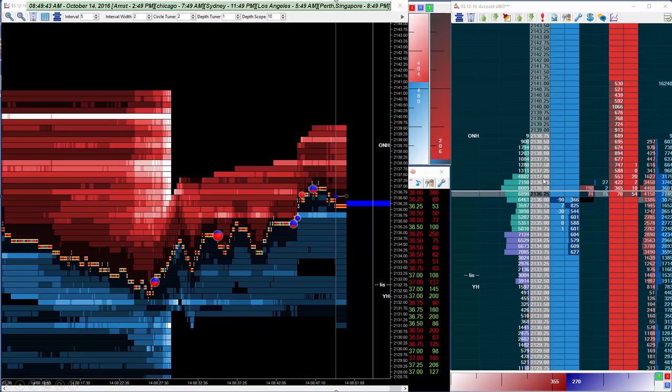Now, the thing also about this initial pop, these entries where you're likely to have a pop: the pop does not guarantee you continuation, but what it does do is give you breathing room in the trade.